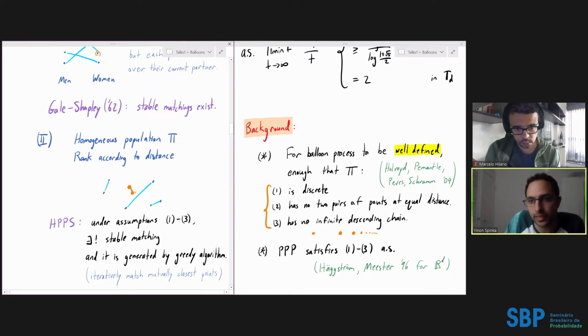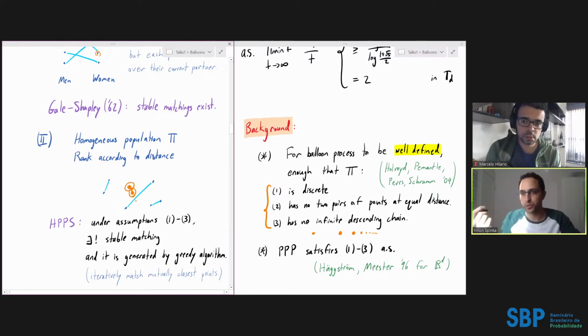And you see that this is exactly what the balloon process does, right? As the balloons grow, the first time two balloons hit each other is when you have two mutually closest points. And when they hit each other, you pop them and remove them from consideration and you continue. So this is exactly the greedy algorithm for the stable matching.